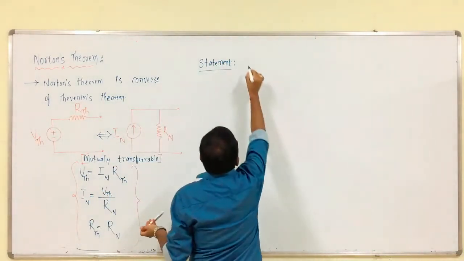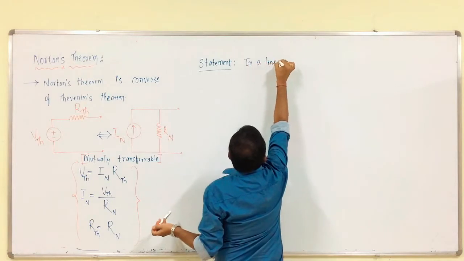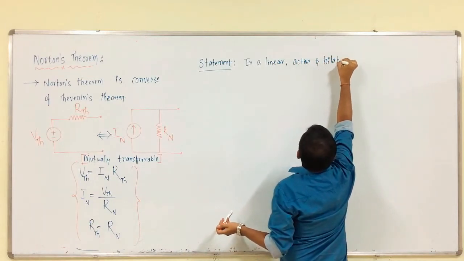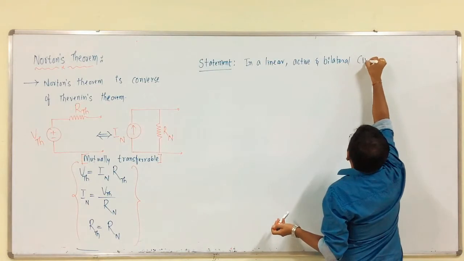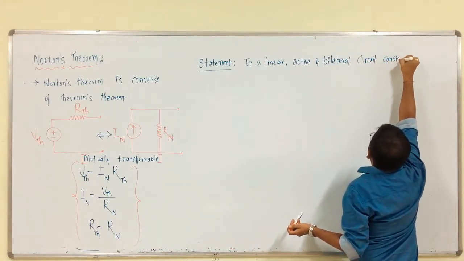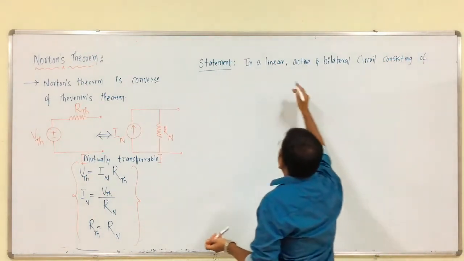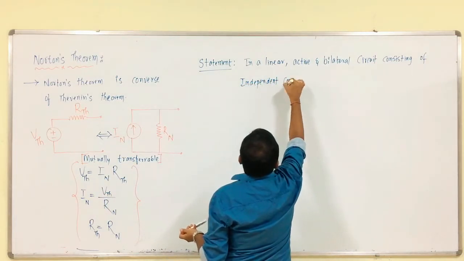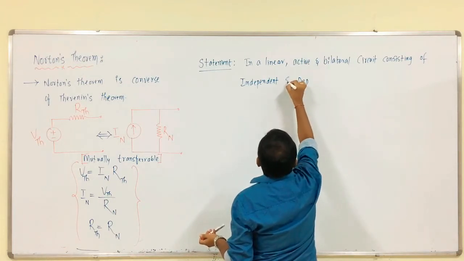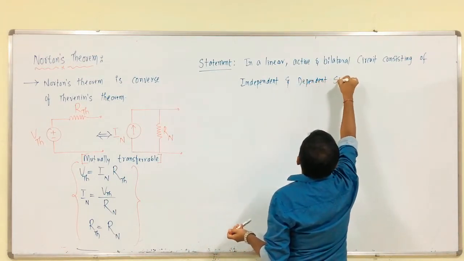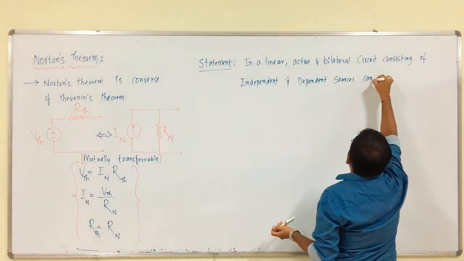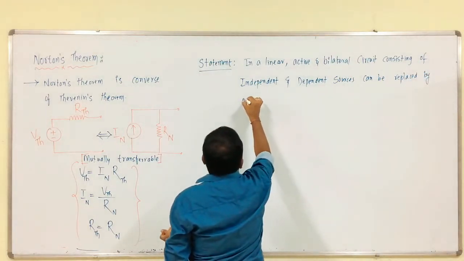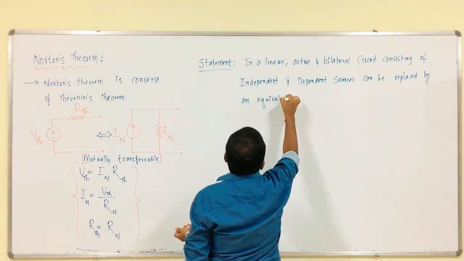In a linear, active and bilateral circuit consisting of independent or dependent sources can be replaced by an equivalent circuit.